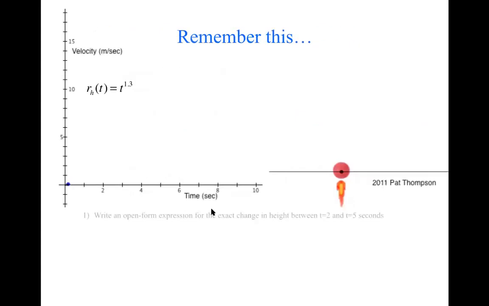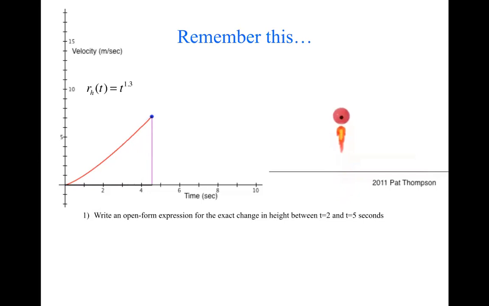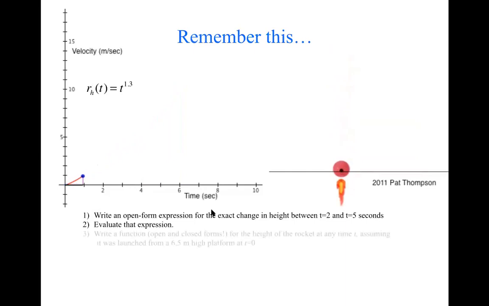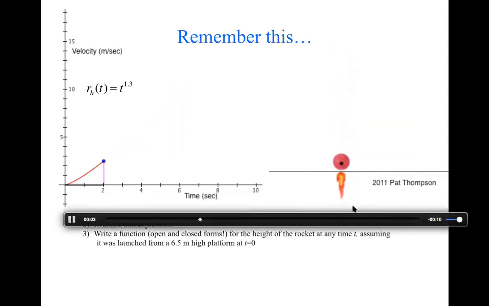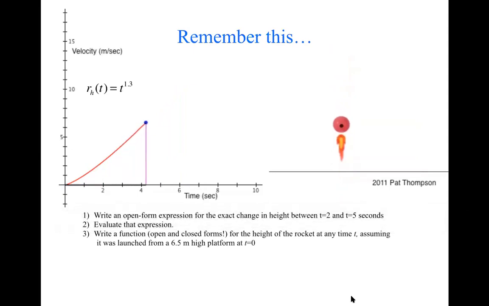All right, so I think we talked about this one a couple times earlier this semester after the initial getting approximate rates. And I know we did this prior to the test, so I just didn't take this out, but we could write an open form expression for the exact change in height. Oh yeah, I remember that bar wouldn't go away last time.